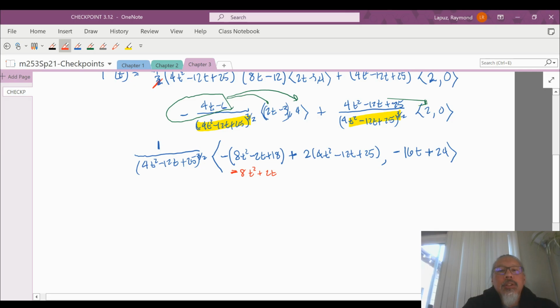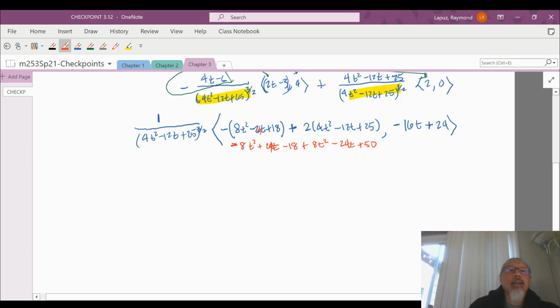I think that should have been a 24. 24t, and then the plus becomes a minus, minus 18, and then we have a plus 8t squared, and here we have a 12t, times 2, and so that's going to be a negative 24t, and then an 18, negative 18, well, that's already there. 2 times 25 is 50. Okay, that is our whole first term.